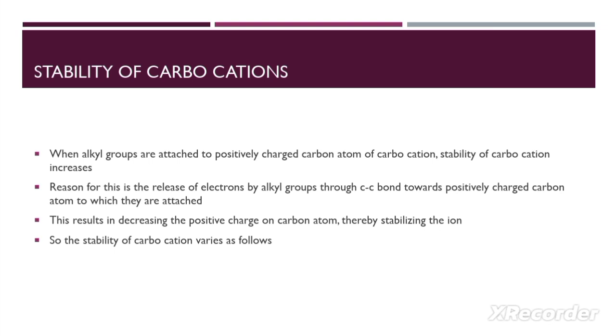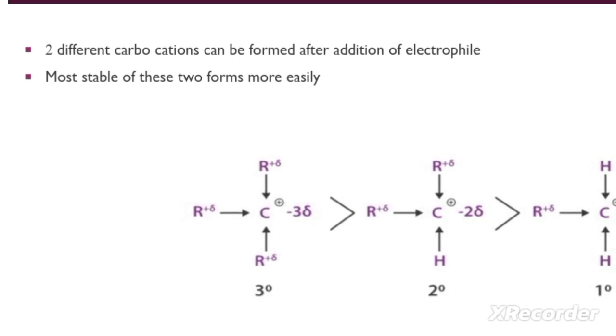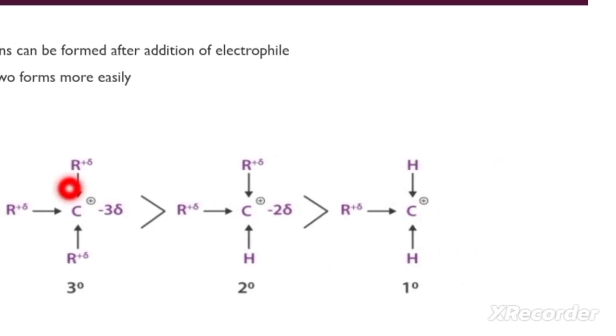This results in decreasing the positive charge on the carbon atom, thereby stabilizing the ion. So the stability of the carbocation varies as follows. So you can see the order of stability of the carbocation. So this is a tertiary carbocation, this is a secondary carbocation, and here is a primary carbocation.